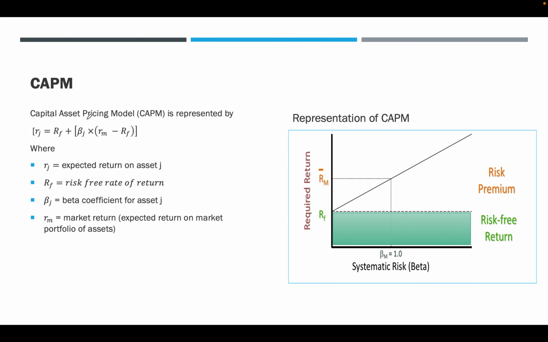So, the capital asset pricing model is represented by this formula.